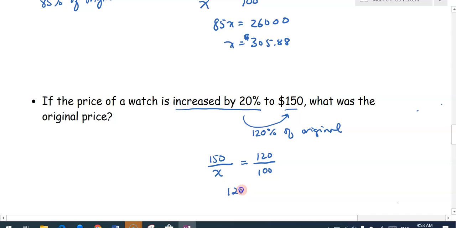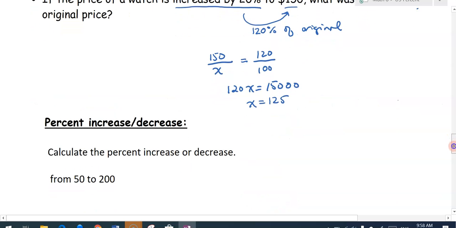Again, cross multiply. And so we get 15,000 divided by 120. I get that I have a $125 original price. Okay, so the 20% increase was $25. I didn't even need to know that. I just wanted to know the original price.